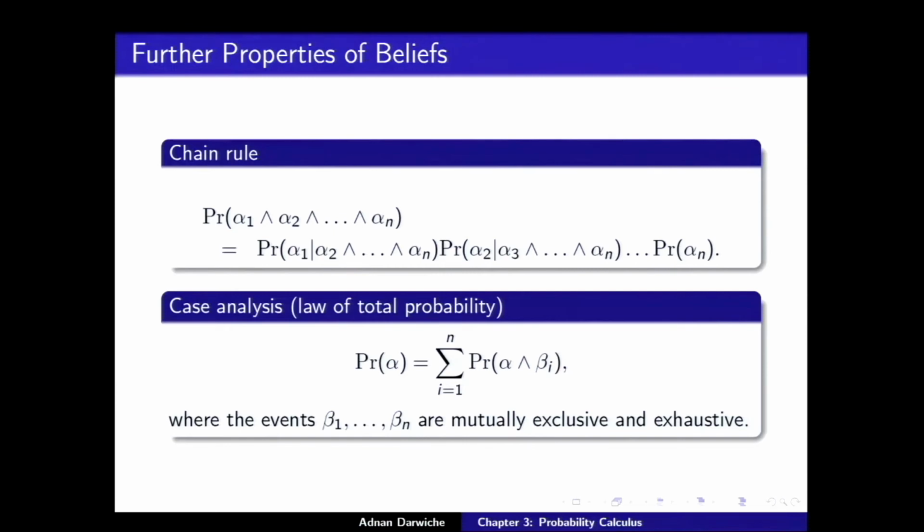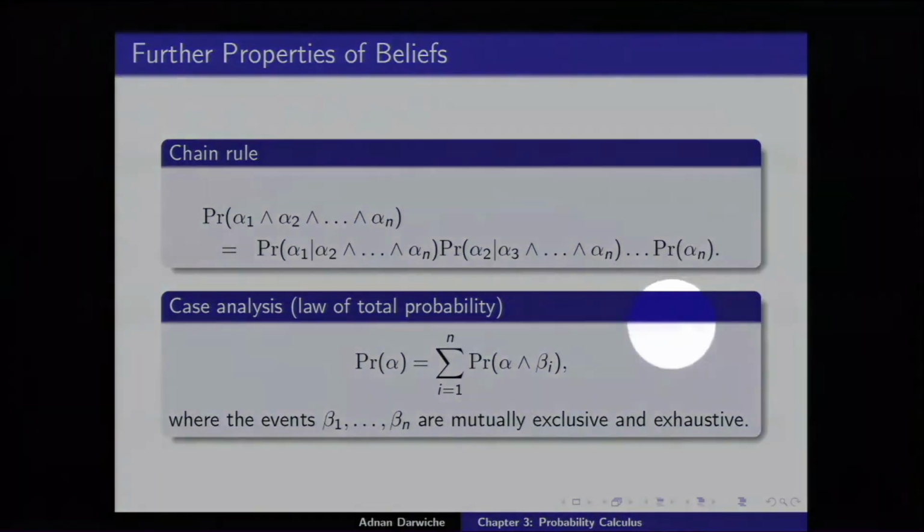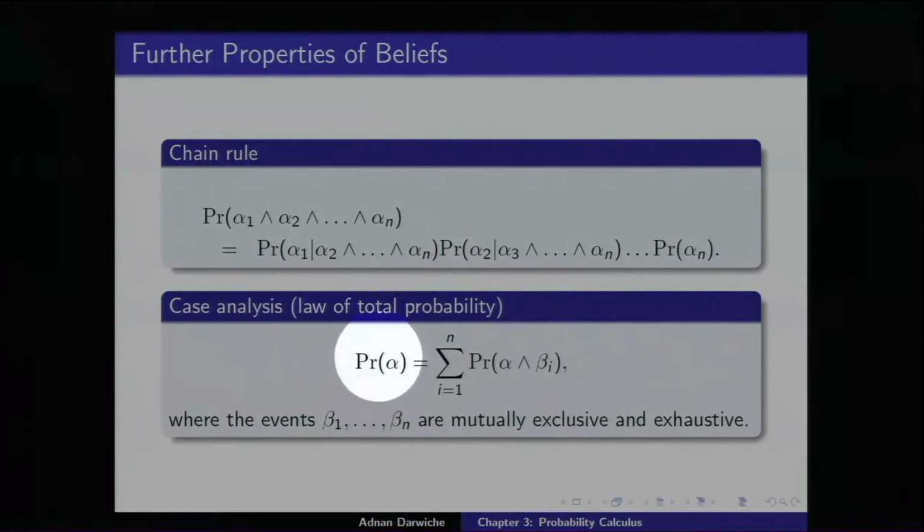And the idea is if you have the probability of alpha, you can rewrite it as a bunch of other probabilities, alpha and beta i, where i ranges from 1 to n. The condition, though, for this to work is that the betas have to be mutually exclusive and exhaustive.